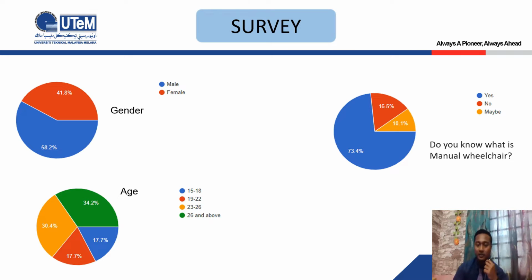This survey is important because to plot in House of Quality, we need to ask the users some questions to be plotted on the House of Quality. In the slide, this is the general survey. The first is gender, next age, and then the question is, do you know what a manual wheelchair is?